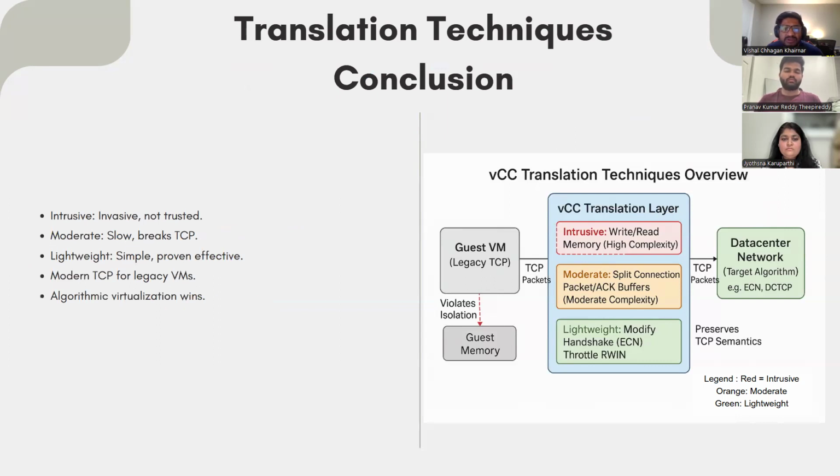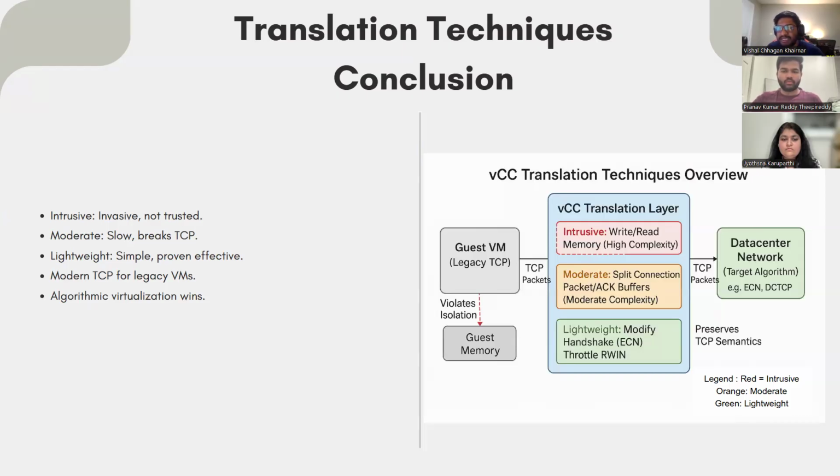So after discussing all these techniques, what's the big picture? VCC techniques let the data center run modern TCP without touching legacy VMs. Intrusive techniques are too invasive, tenants won't trust them, whereas the more moderate techniques like splitting connections or buffering cause delay and break the TCP rules.